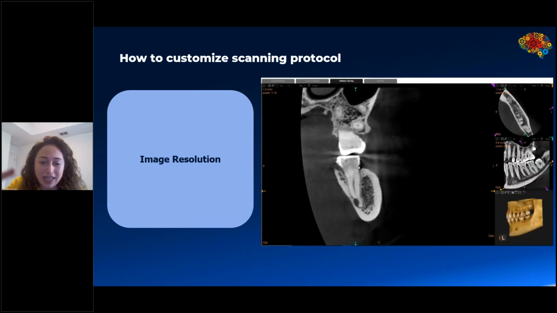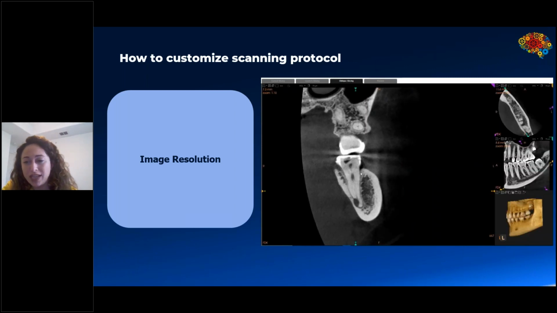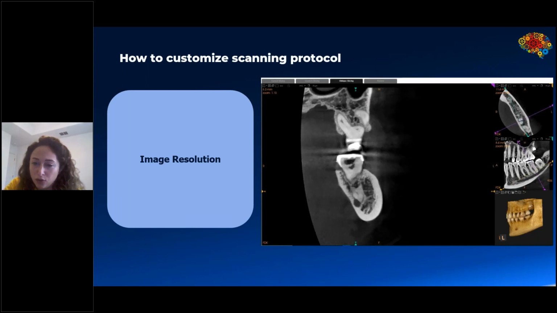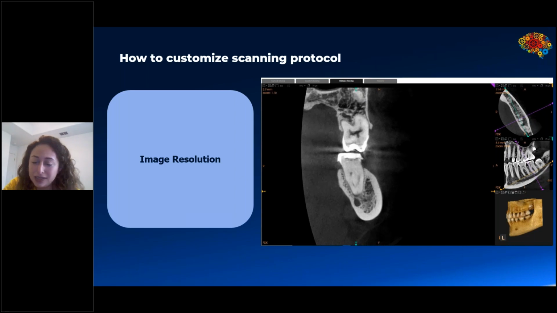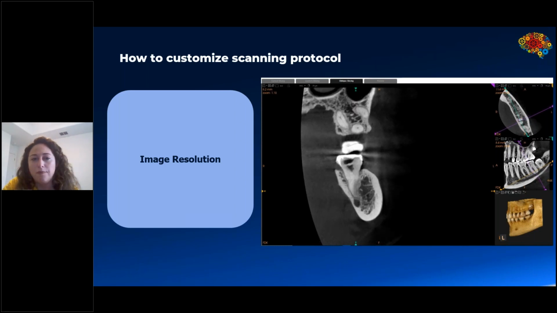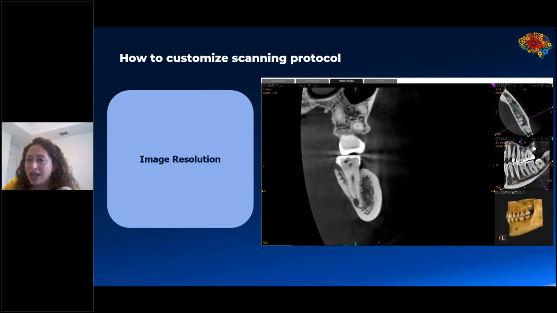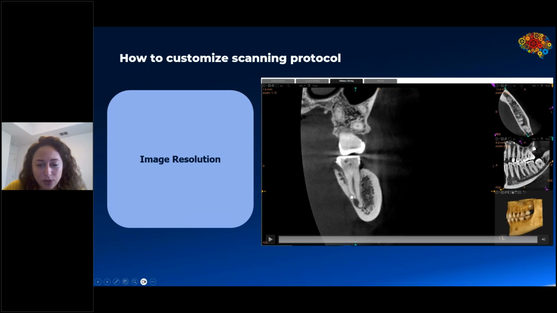So taking a scan at 90 versus at 120 kV, and which milliamperes you're using, they're usually at default settings, which is good. But the decision to take between 90 and 120 is something we have to manually decide. And you can see the sharpness of an image and how that root is growing around the mandibular canal.